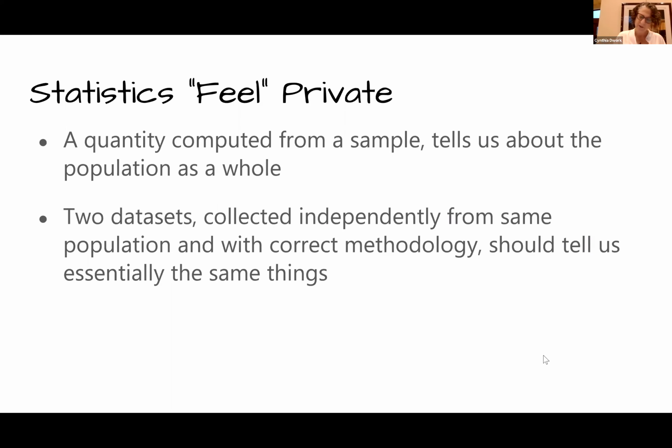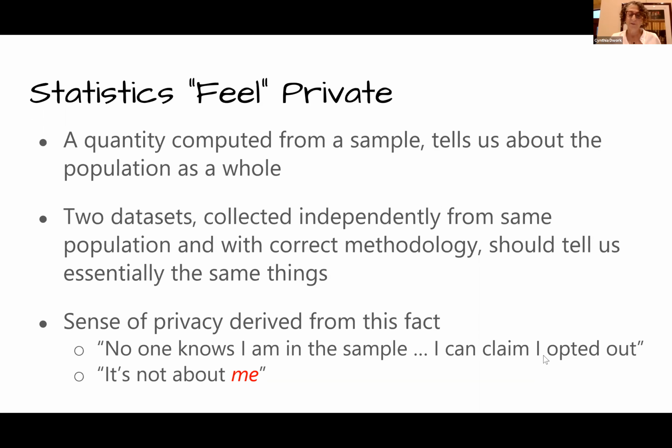And if they're collected independently from the same population and with the correct methodology, then they should tell us essentially the same things about this population as a whole. This is the whole theory of statistics, and this is why statistics works as a scientific endeavor. So the sense of privacy is derived from this fact.